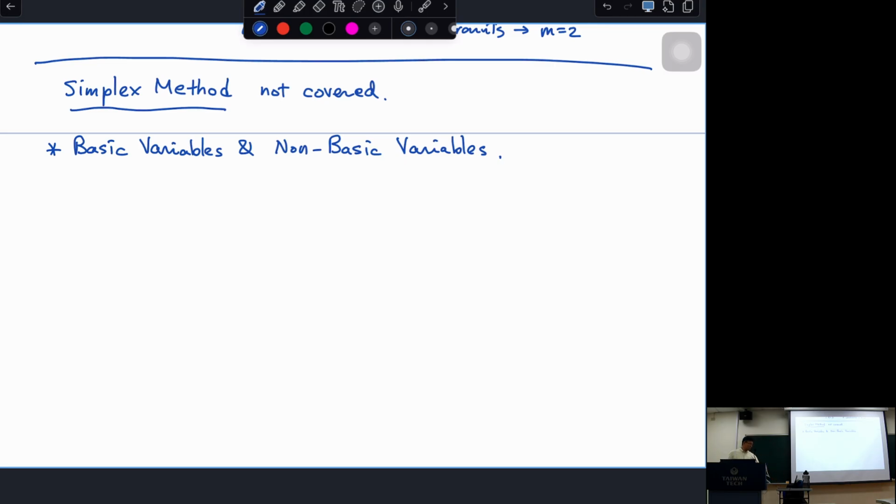So I'm going to introduce this method. Later on, I will use capital B to represent the basic variables, and capital N to represent the non-basic variables. Among all the variables, we need to separate them into two groups. One group is basic, the other group is non-basic.